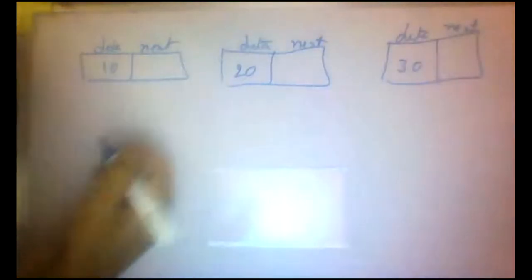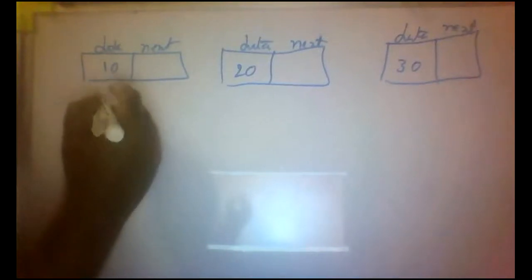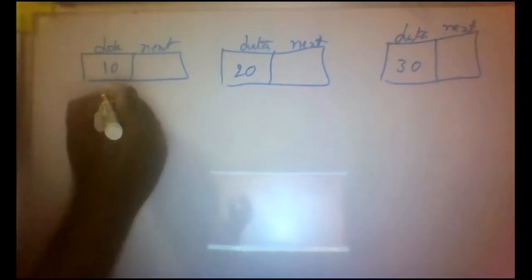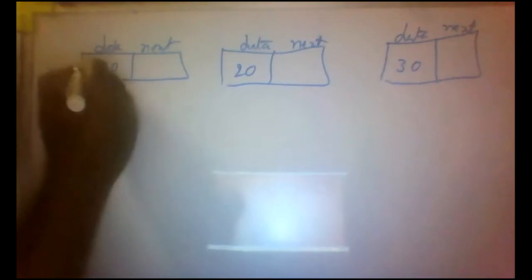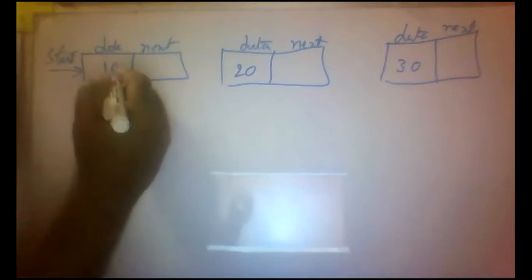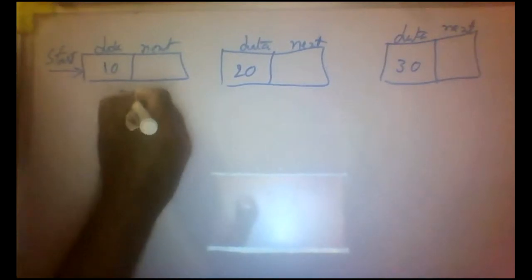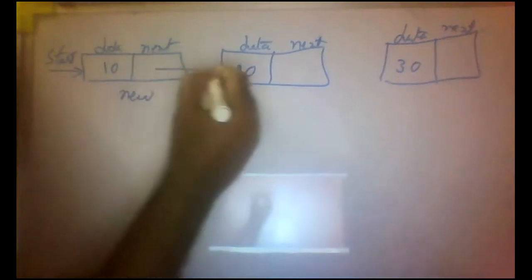Okay? So for example, this is the header node or start node. Then for example, this is new node, and new node to next equal to this one.